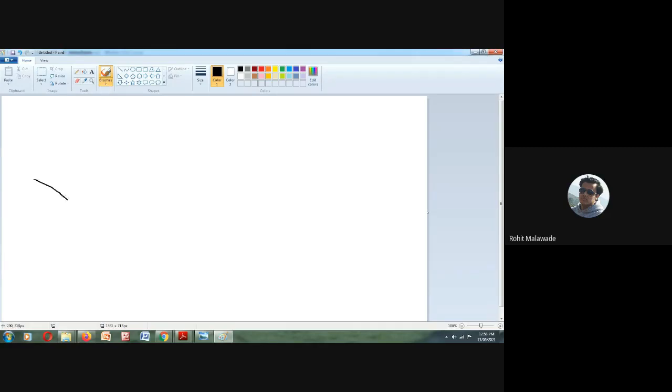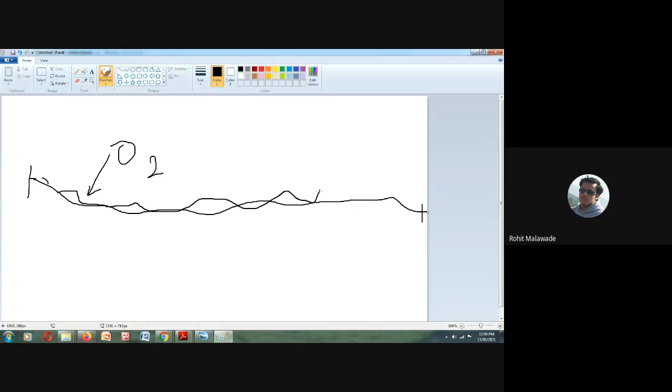Now, this is your river water. It is continuously flowing from one place to another. This is the oxygen transfer, and it will be there continuously. Due to the undulations as it flows, continuous undulation gets created.